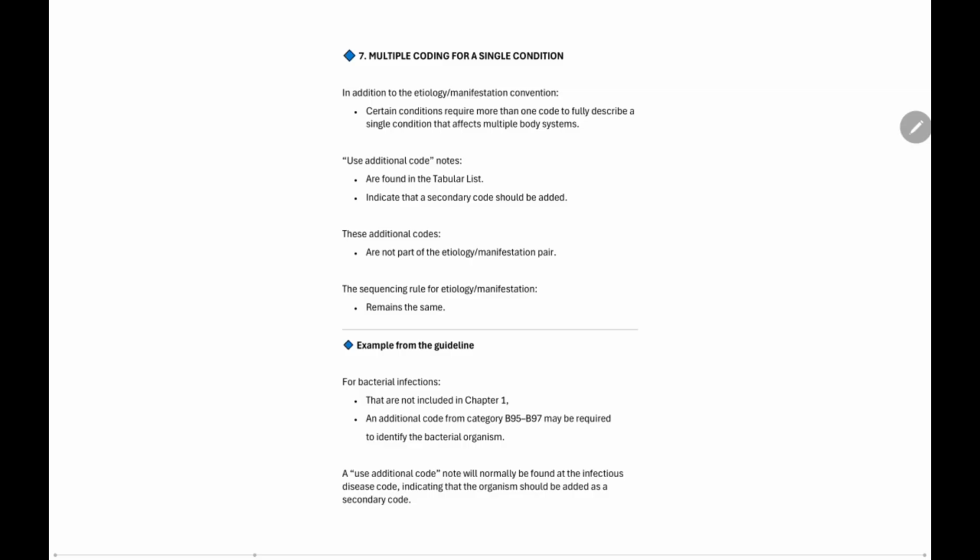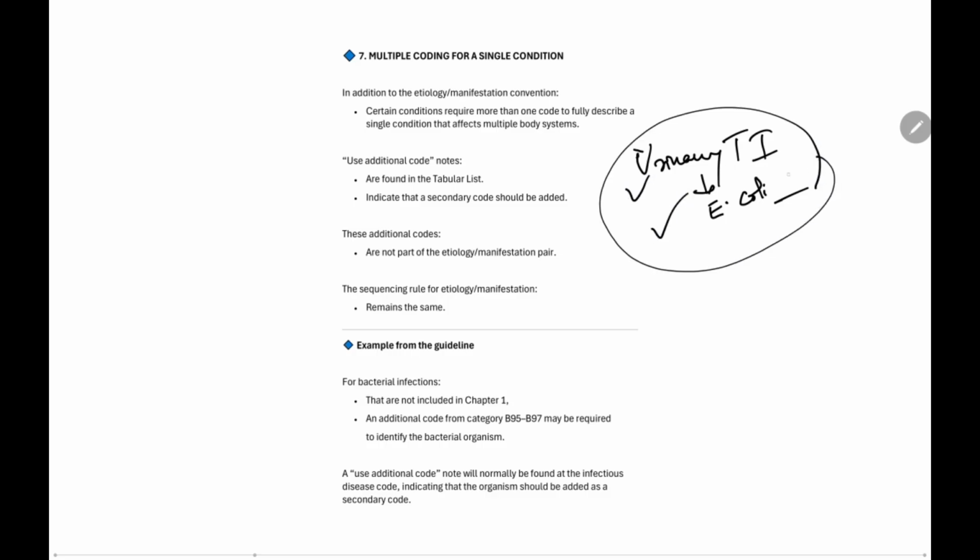Certain conditions require more than one code to fully describe a single condition that affects multiple body systems, right? So then you have to use an additional code, okay, found in the tabular list, indicating the secondary code should be added. For example, there is a urinary tract infection, UTI. It is happening due to E. coli, okay. So E. coli is a bacteria, right? Then you will code both to fully describe it, because UTI can happen with many bacteria.